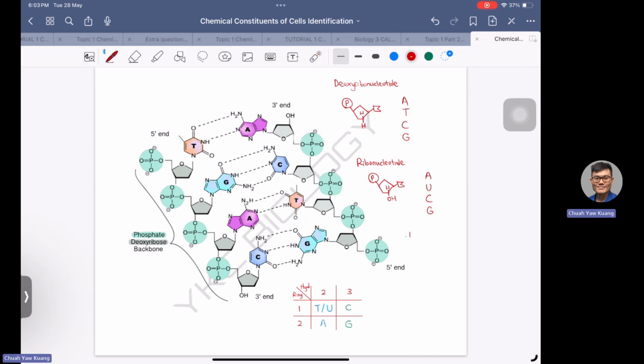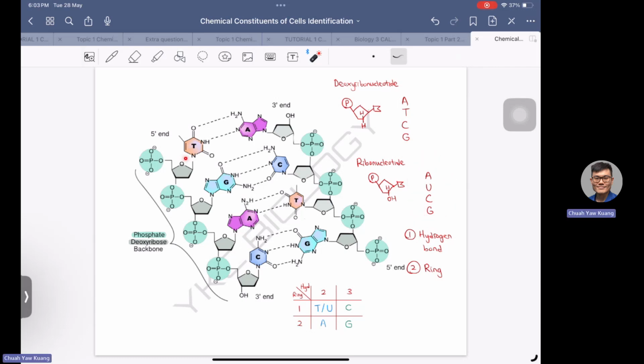The first step is to check the number of hydrogen bonds formed between the nitrogenous bases. The second step is to check the number of rings, the ring structure of the nitrogenous base. With these 2 simple steps, we can easily identify all these nucleotides.